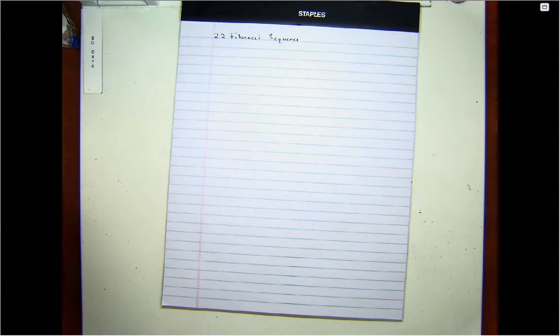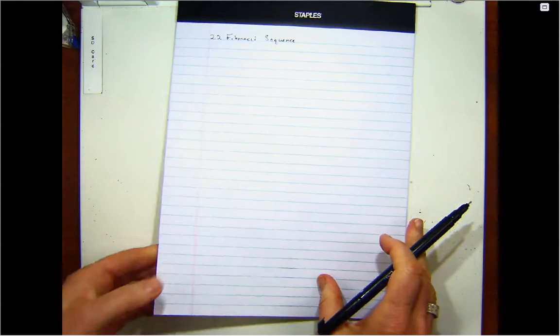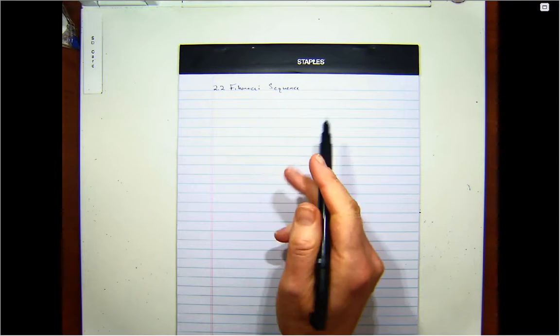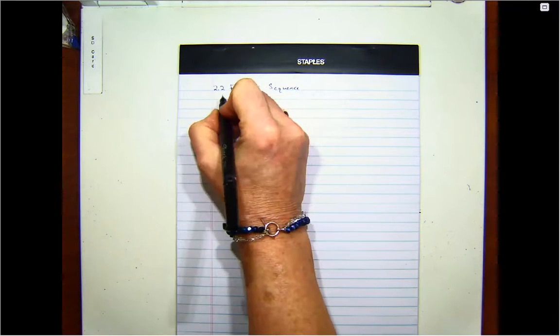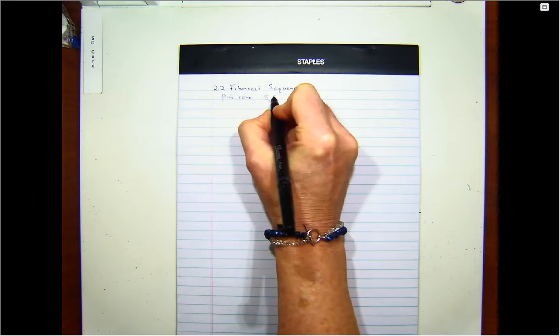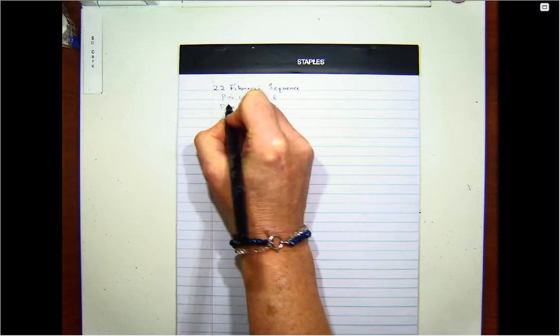Some pine cones have 8 and 13, but most that you find in our area would be 5 and 8. The pineapple is harder to count.